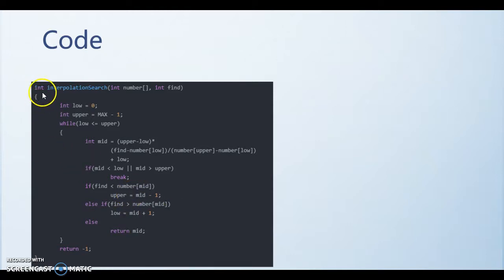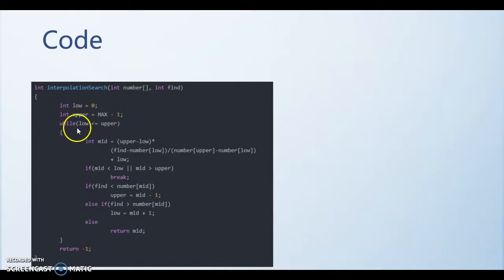First, we have a function. The arguments are the number: this is an int array, and this is the value we want to find. First, we initialize low and upper to get the lowest value and the highest value.